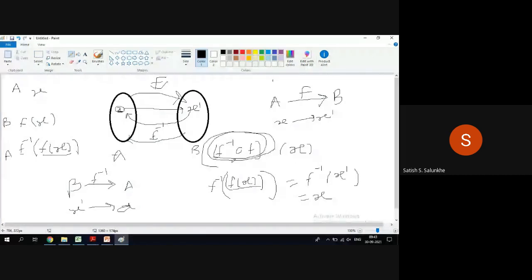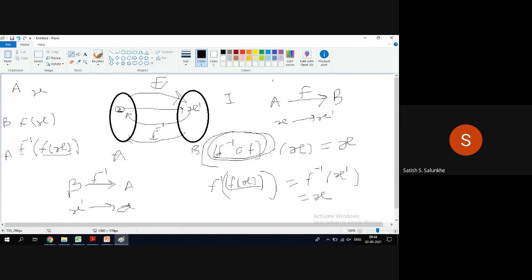So whatever this composition we have done, f inverse composition f of this element x always results in that same element x. So this f inverse composition with f, we may label it as some function I. Some label, nothing else. It's not some new different function.